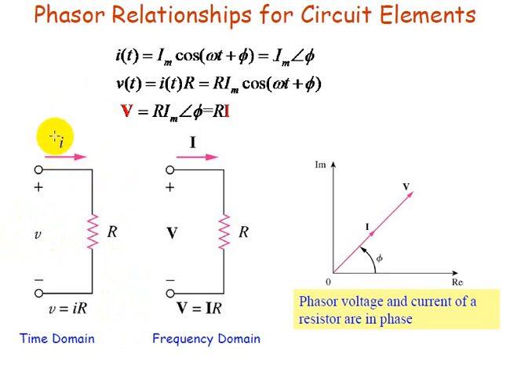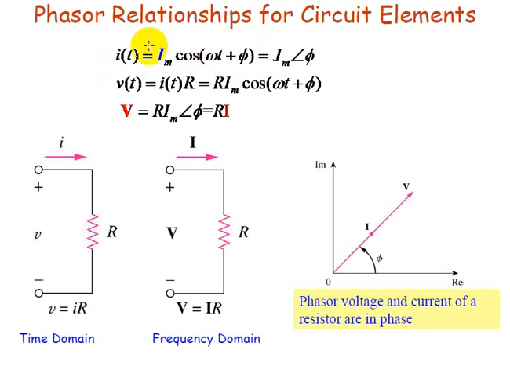The current i(t) is Im cos(omega t plus phi). Here Im is the magnitude of the current, omega is the angular frequency, and phi is the angle of the current. You can also call it the phase of the current.